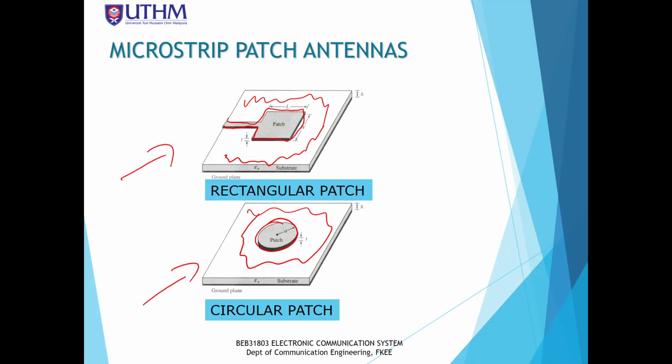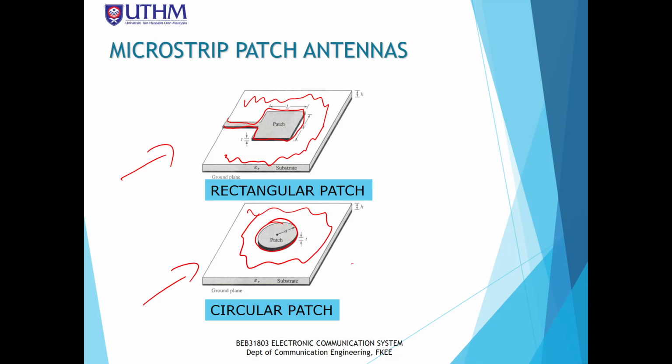In our faculty we also have a final year project to design the microstrip patch antenna. Ada juga saya lihat projek-projek berkenaan dengan patch antenna yang mana pelajar perlu design patch antenna. It doesn't matter about the shape. Shape can be any kind of shape. When the students have designed the patch antenna, they need to do the measurement to find the antenna radiation patterns.